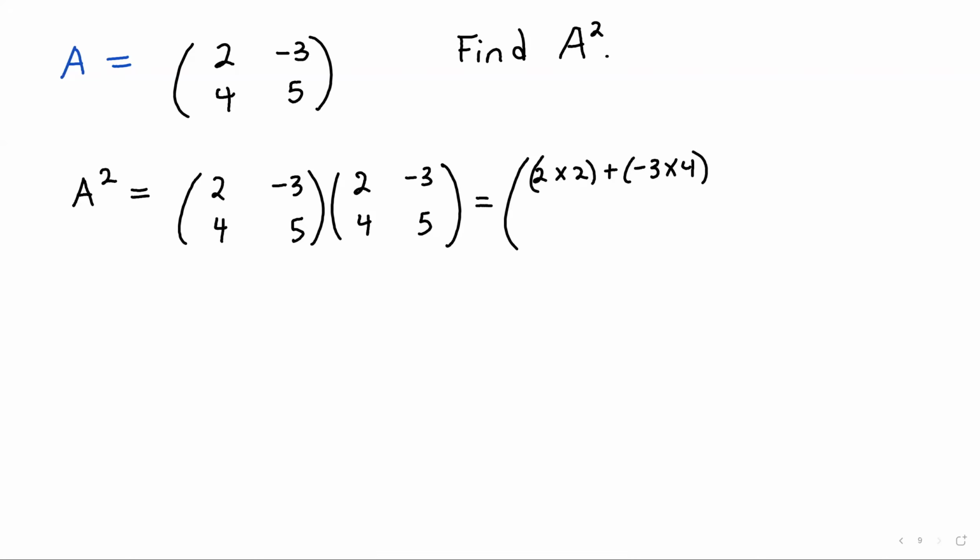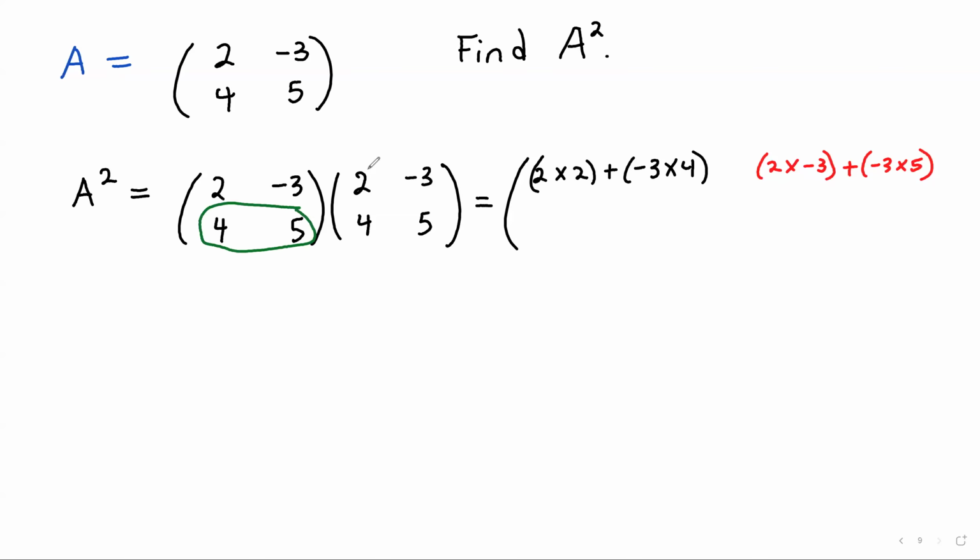Right? Sorry, I didn't do the circling, and I think that kind of helps. And then row 1, column 2. So row 1, column 2, that would be 2 times -3 plus -3 times 5, right? And then we still have two more to go. It'll be row 2, column 1.